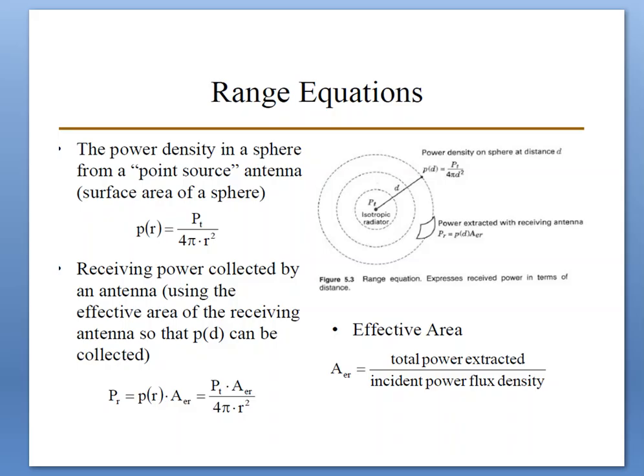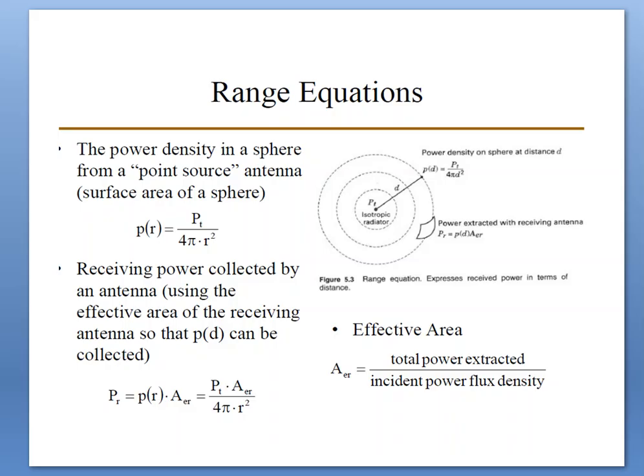So now the received power is PT AER divided by 4 pi R square, where AER is the effective area of the antenna, the ratio between total power extracted and the incident power flux density. It is also called the absorption cross-sectional area of the receiving antenna.